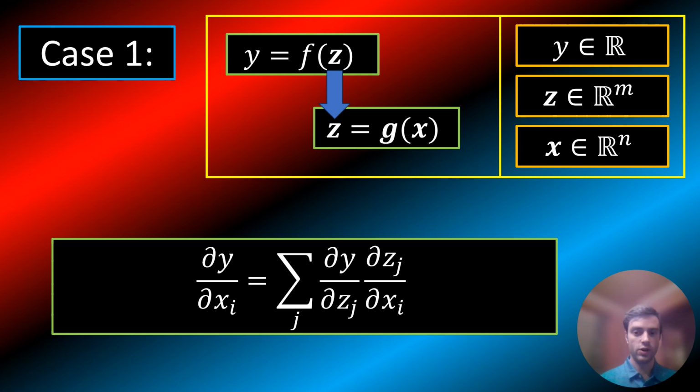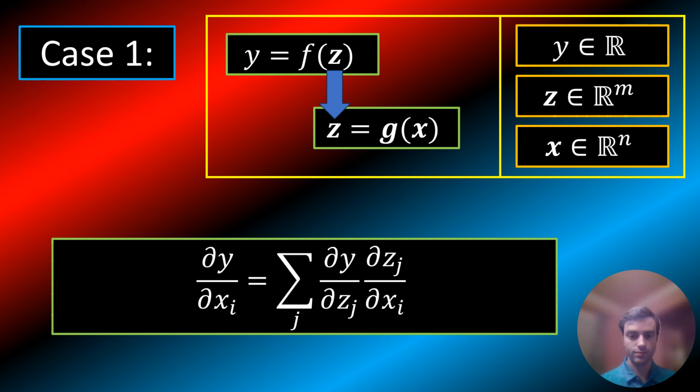So by the multivariable chain rule, we have that the partial derivative of y with respect to xi, where i is the ith element in x, is equal to the sum over j of the partial derivative of y with respect to zj times the partial derivative of zj with respect to xi.